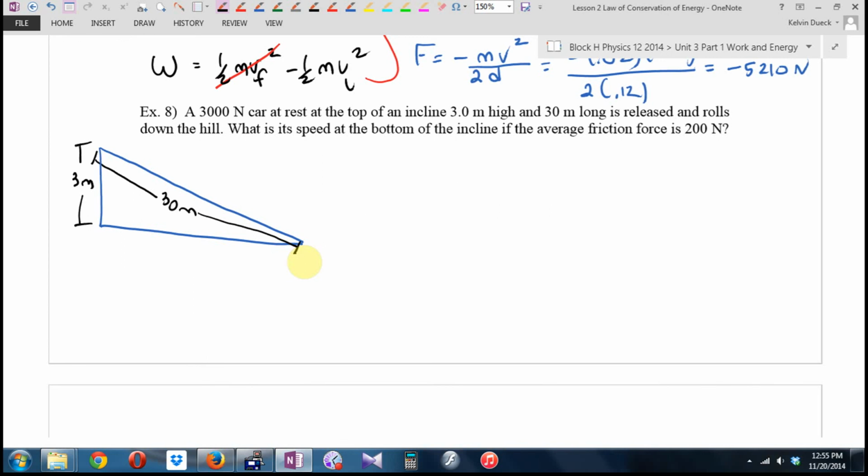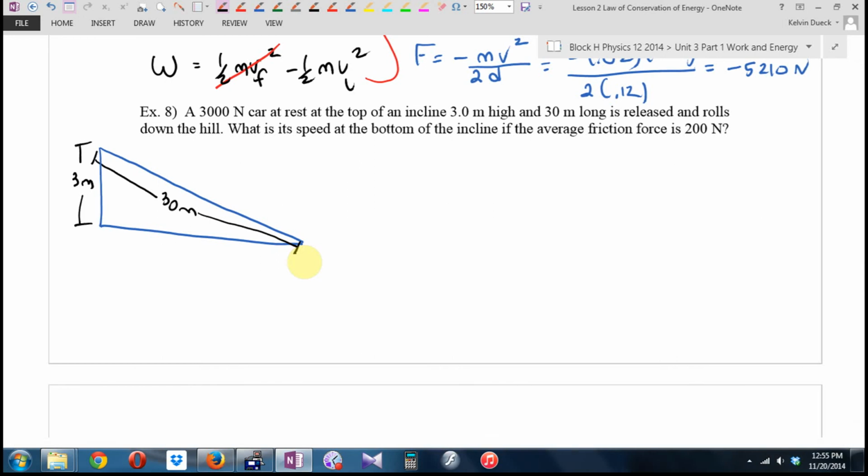Now, what do they want me to find here? Speed or velocity? Suggests scalar. Is there a change in height? Is there a change in speed? I might try the law of conservation of energy.